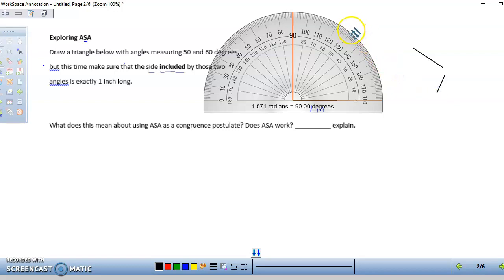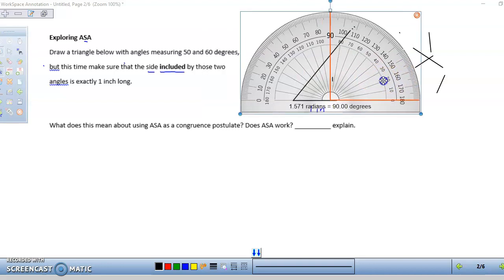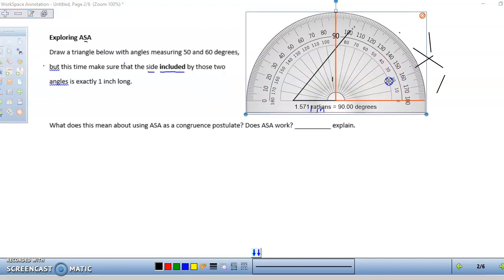Okay, there we go. So there's the 50-degree angle. It's a little bit off, but we're going to deal with that. And then I'm going to move this protractor over, and we're going to make a 60-degree angle on the other end. Okay, so 60-degree angle, here's the 60.